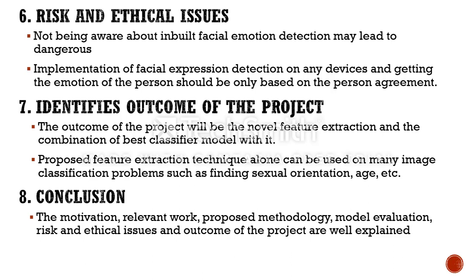For example, there is research already going on to find sexual orientation, age, and so on, and for these there is a lack of images. So my proposed algorithm will work very well for that. Along with that, the novel feature extraction method combining anthropometric and wavelet features can be used in many human image classification problems for sure.